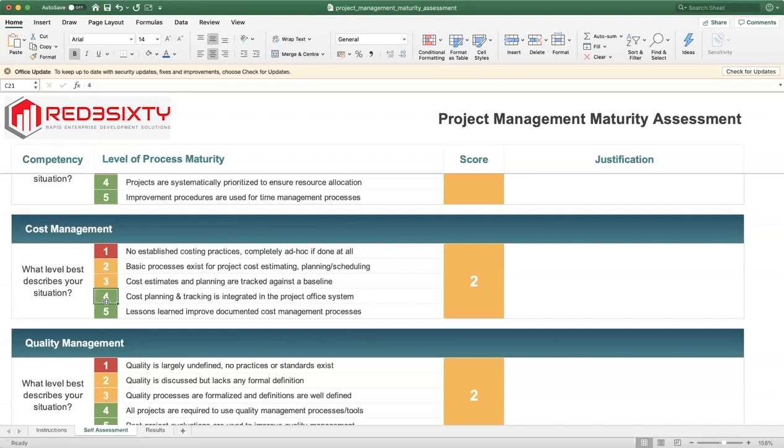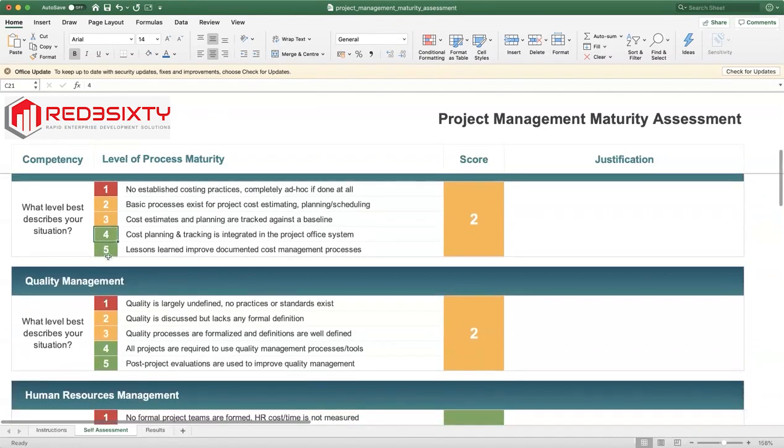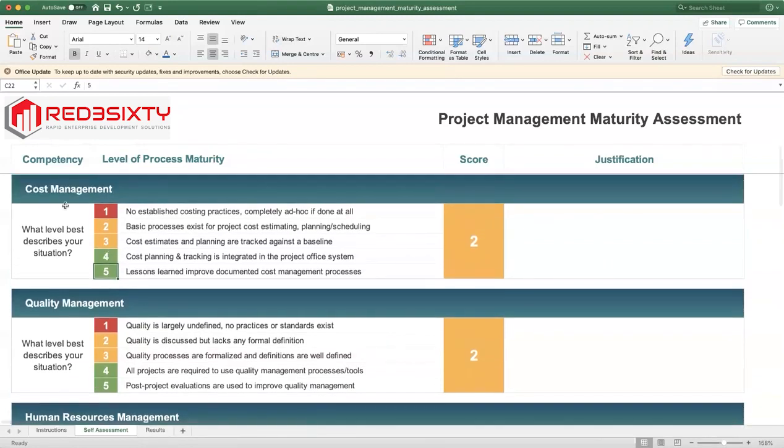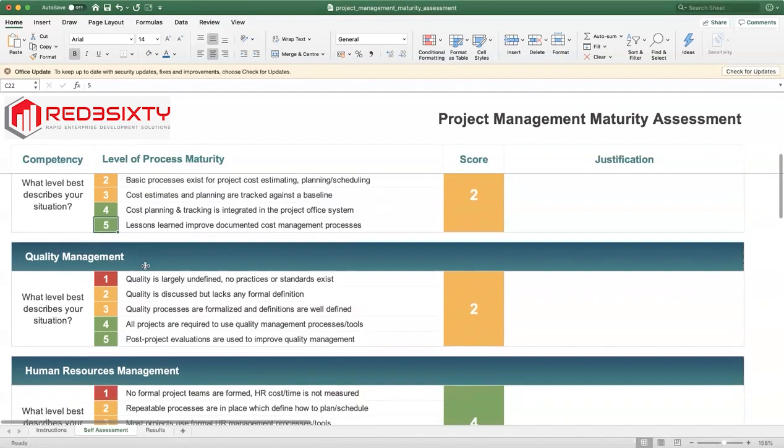Cost planning and tracking is integrated into the project office system. So do we have a cost tracking system in place within the project management capability? And then lessons learned improve documented cost management processes. So related to cost management, are we capturing the lessons learned as we execute projects, whether good or bad lessons, capture that so that we don't repeat, or can repeat the same within the next project.